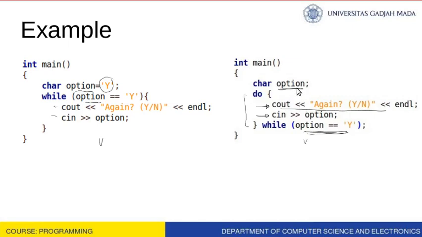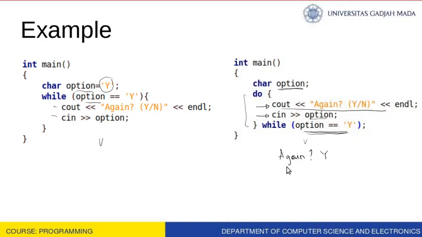So here, even if I don't have the value of the option, I will have this output, which is again. Okay, then if I put this option equal to y, it will be checked whether this option is equal to y.